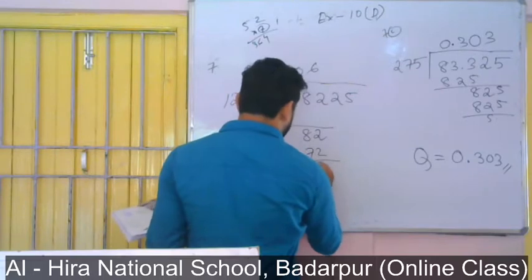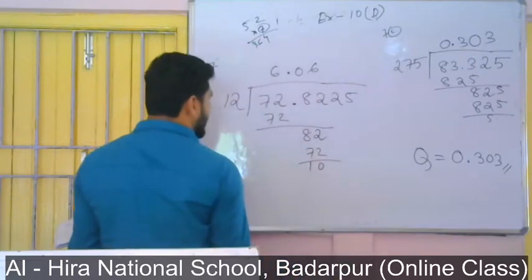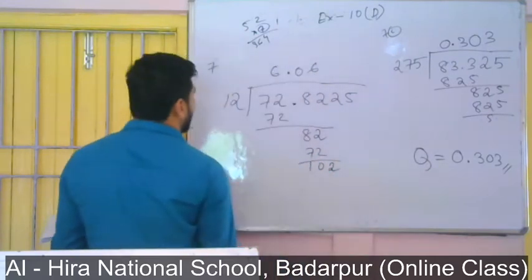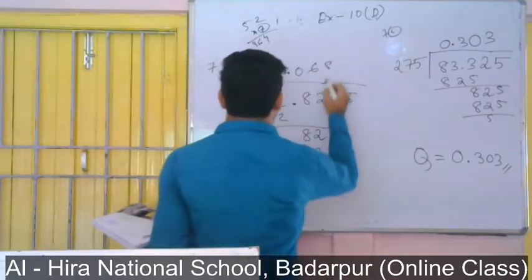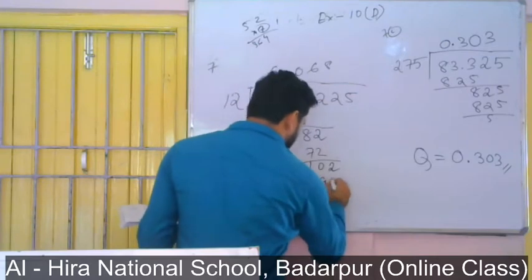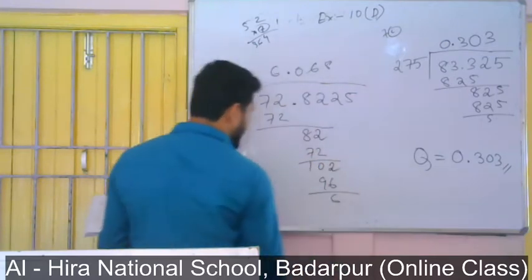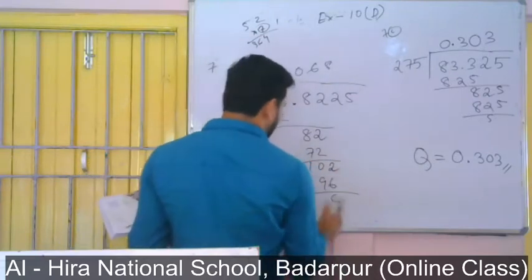Now we are getting what? 10. So that is not divisible. So now we will take 102. Okay, now 6 8s are 96. Here remain 12. 12 minus 6, 6. So here remain only 6.